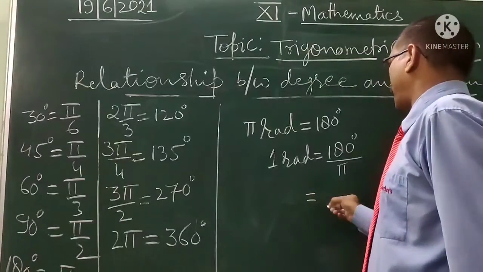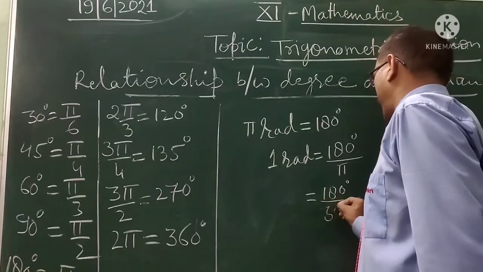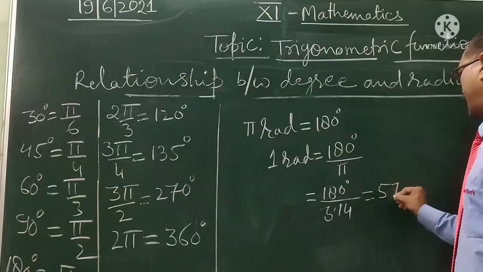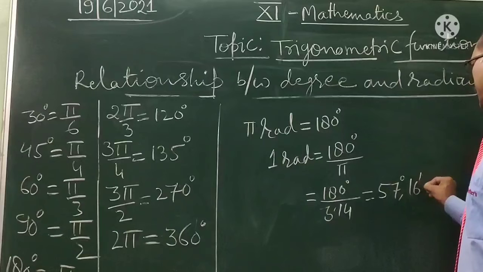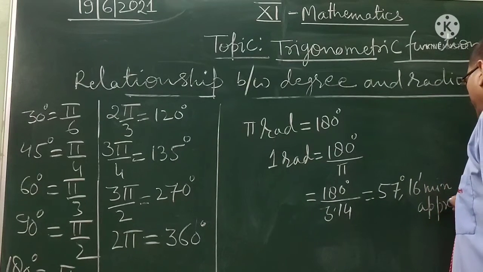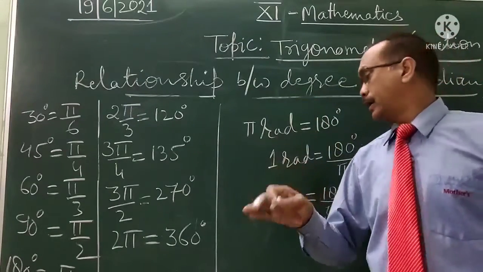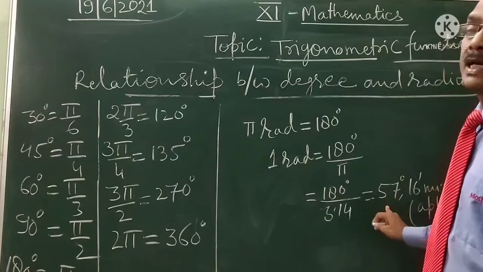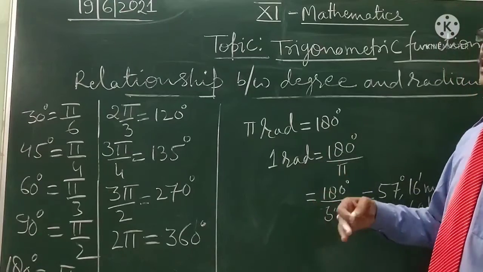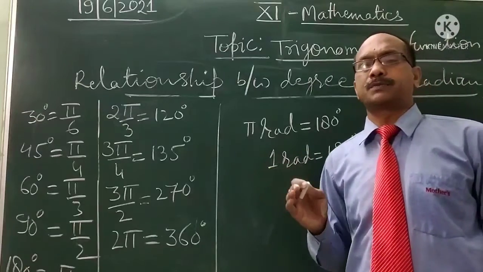If we take the value of pi as 3.14, then it comes to about 57 degree and 16 minutes. It is an approximate value. So radian is not a small angle. 1 radian is 57 degree and 16 minutes, therefore 2 radian is double of it.